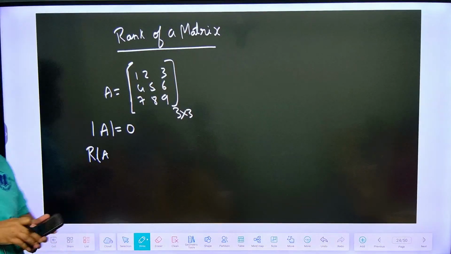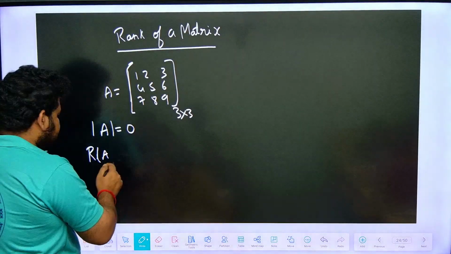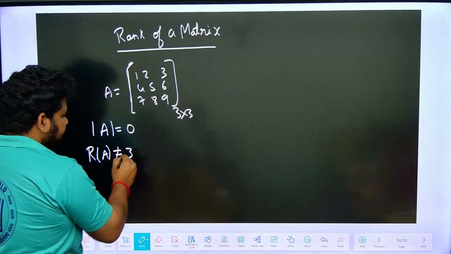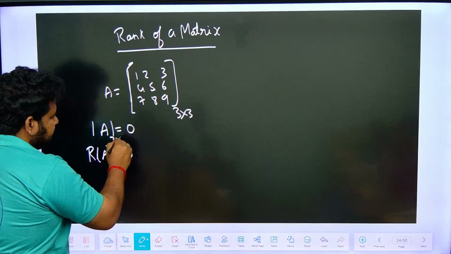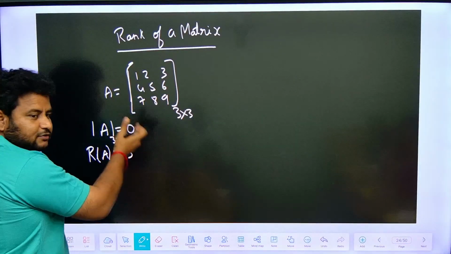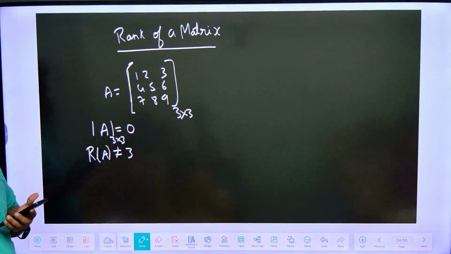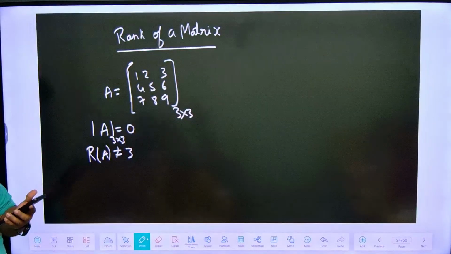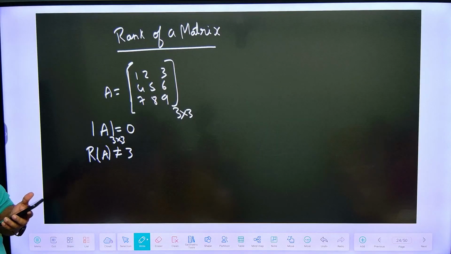If the determinant of this 3 cross 3 matrix is coming equal to 0, rank of A will not be equal to 3. Otherwise, if det of A is not equal to 0, rank of A will be equal to 3. That is the converse. Rank of A will be equal to 3.